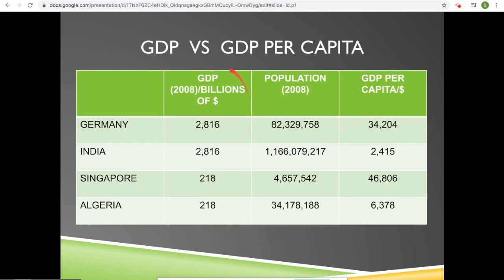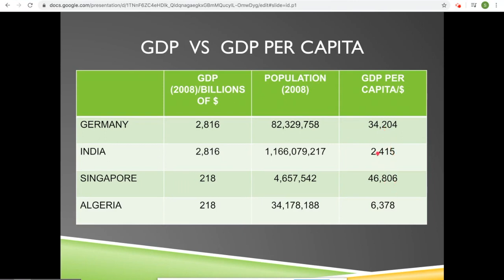So the GDP divided by the population will give us the GDP per capita. So if we look at the GDP of Germany, it's 2816, and the GDP of India was also 2816 back in 2008. But look at the staggering difference between the GDP per capita of both the countries, right?